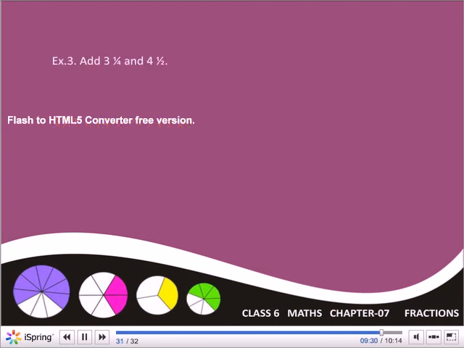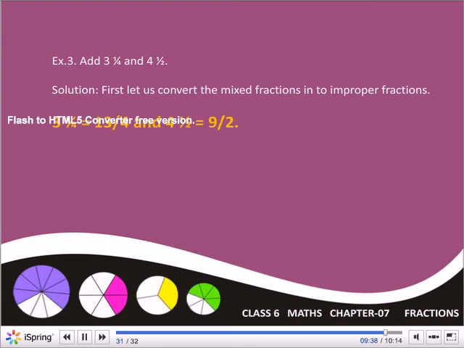Example 3. Add 3 1/4 and 4 1/2. Solution: first let us convert the mixed fractions into improper fractions. 3 1/4 is equal to 13/4 and 4 1/2 is equal to 9/2. Now find the LCM of 4 and 2. It is 4.